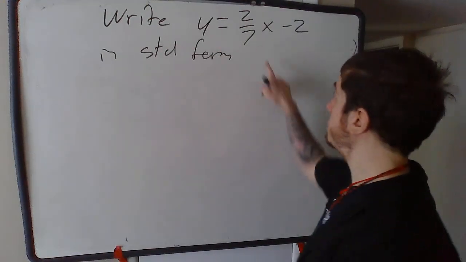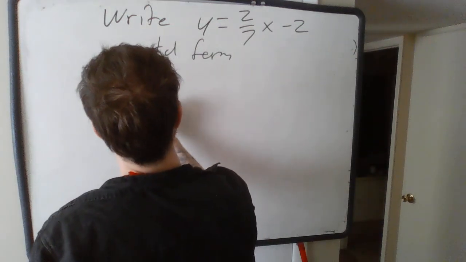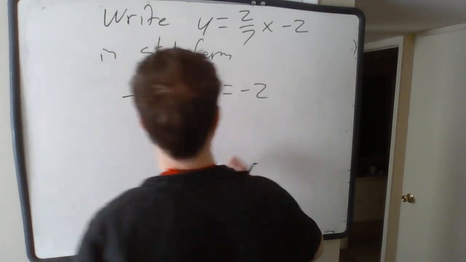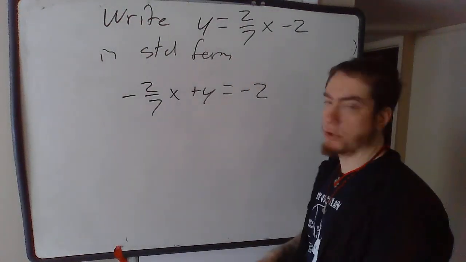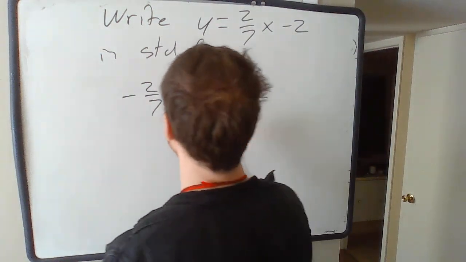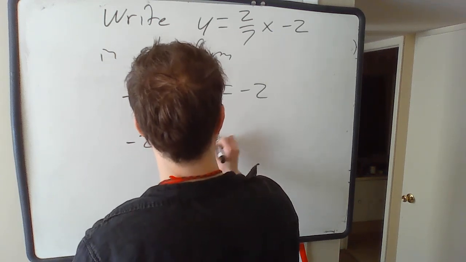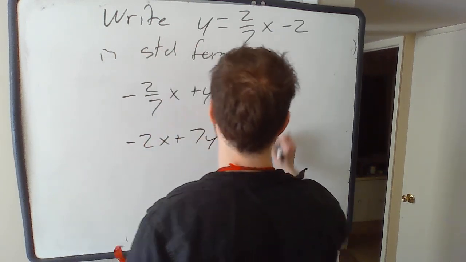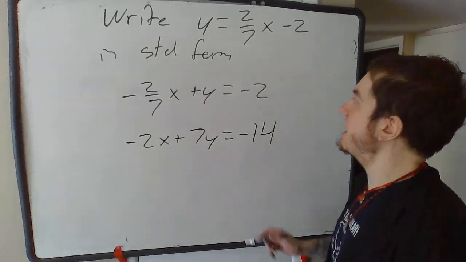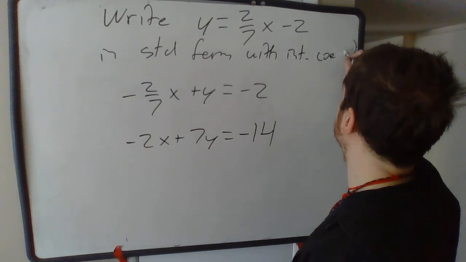Well, the first thing I would do is subtract the 2/7 x from both sides. So we would get negative 2 over 7 x plus y equals negative 2. And then, in order to rewrite this having integer coefficients, I could multiply everything through by 7. So I would get negative 2x plus 7y is equal to negative 14. And that would give this to me in standard form with integer coefficients.